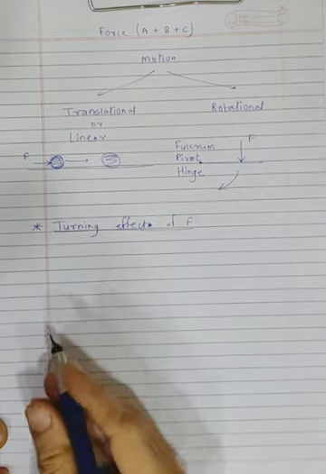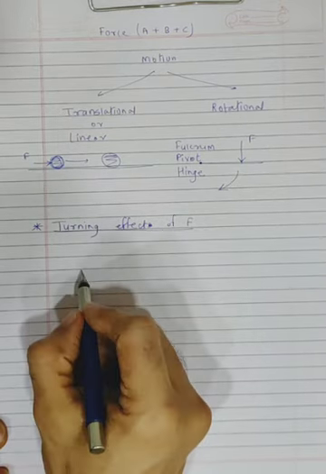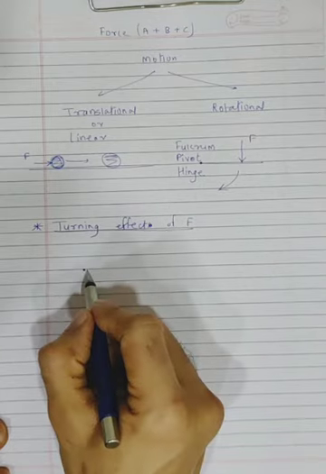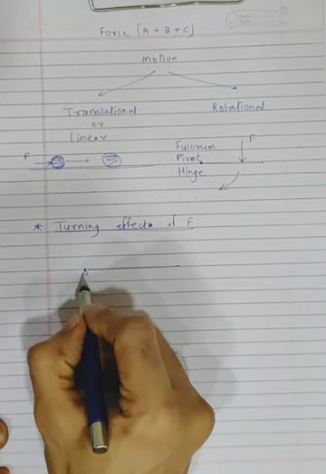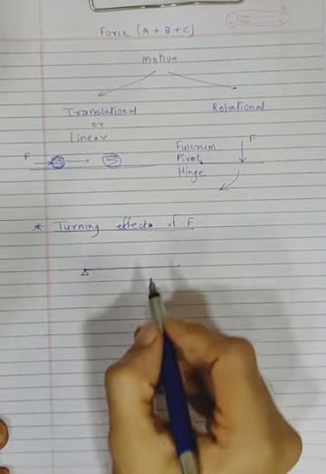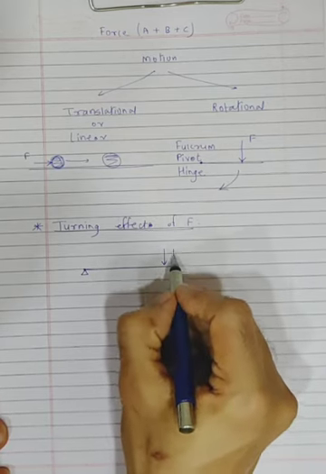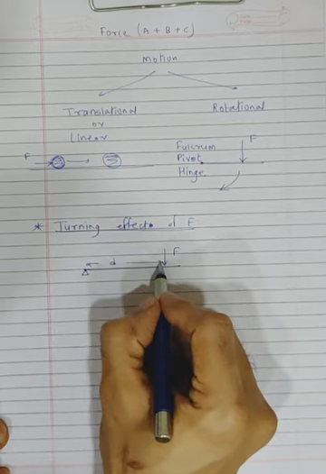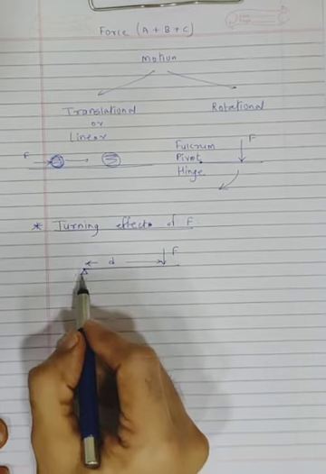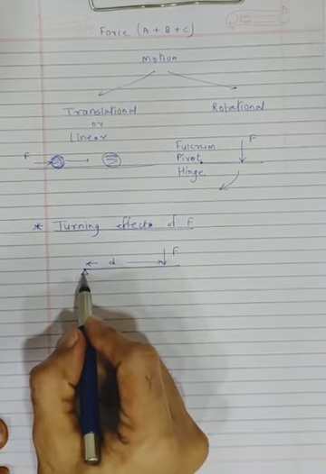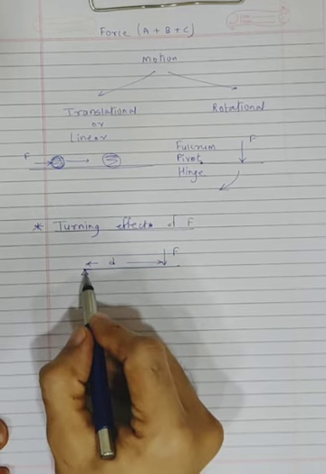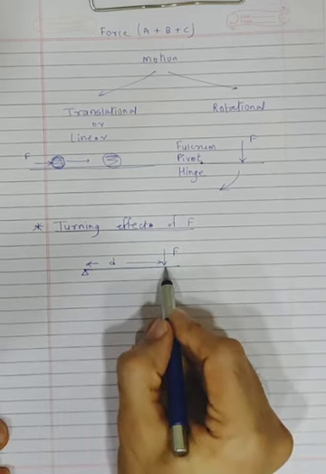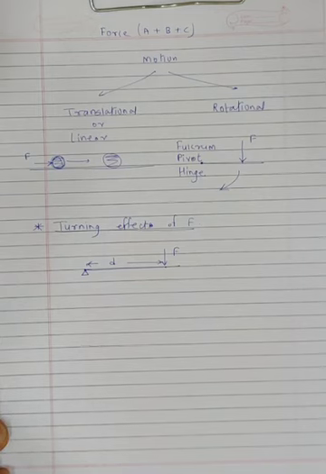Now what is the turning effect of force? Say out here, I'll just repeat this same example again. Say you have a body which is pivoted over here, and I'm applying a force F out here. Listen to this properly now: the distance from the fulcrum, or the distance from the point of axis of rotation to the point of application of force.